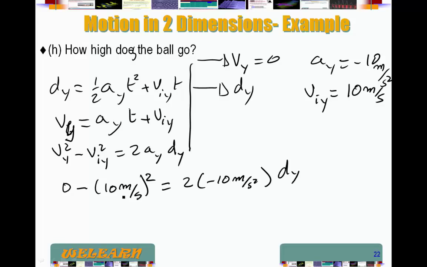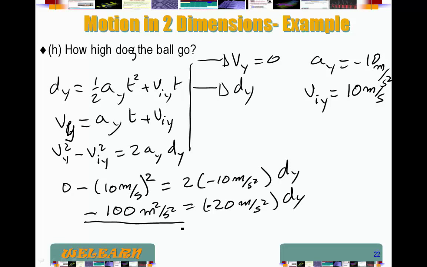Okay, and here, this is minus 10 squared. That gives me minus 100 meters squared per second squared is equal to minus 20 meters per second squared times dy. Divide both sides by minus 20 meters per second squared.